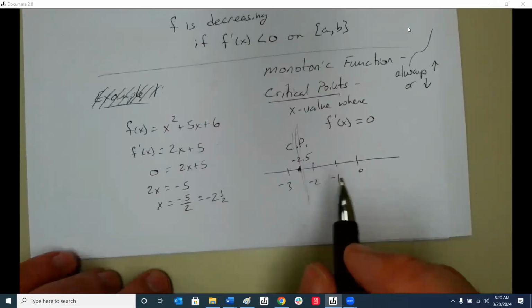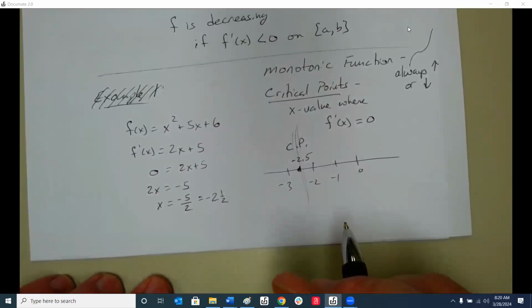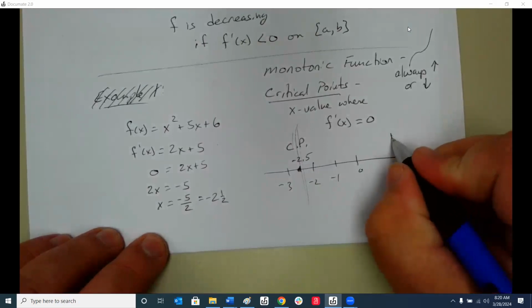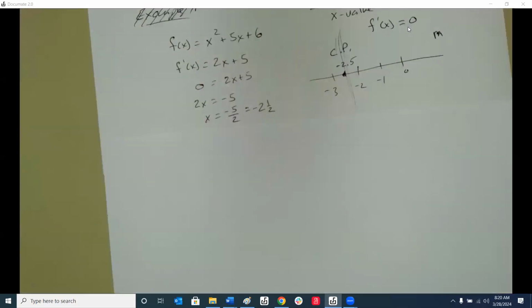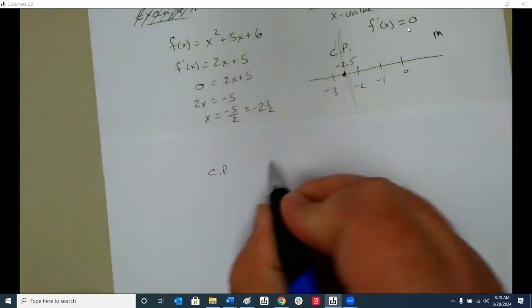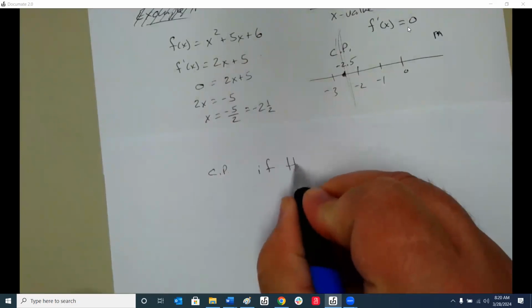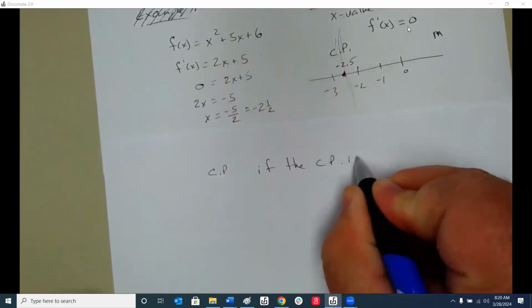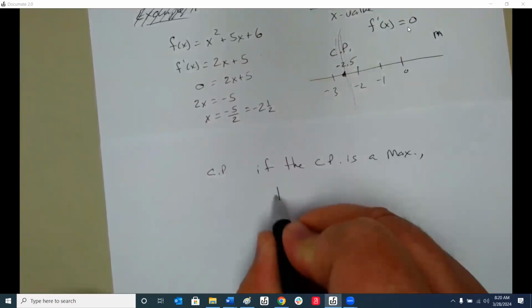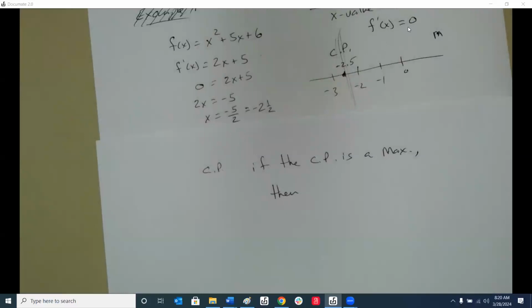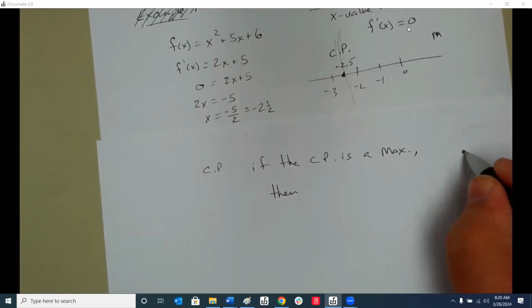How do we know whether it's maximum or minimum? If the critical point is a maximum, then what has to be true? If it's a maximum, it has to be the top of a curve.